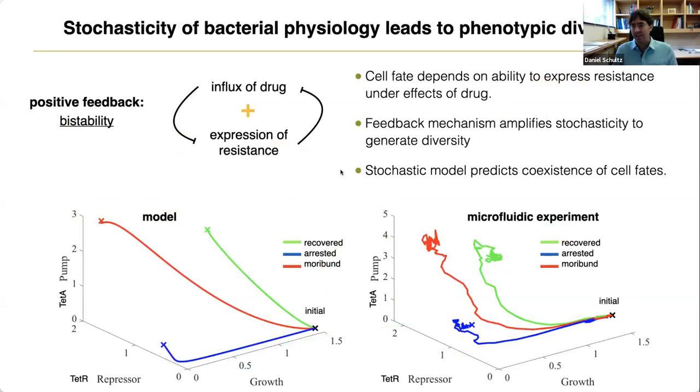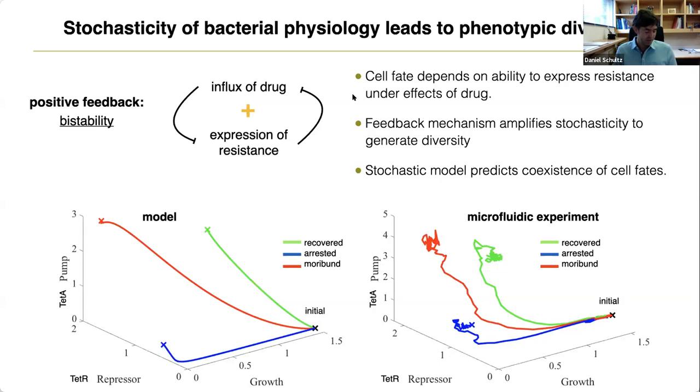And then another point is that the cell has some feedback mechanisms that can amplify the small stochastic variation in expression that we see, and take the cell responses to different outcomes.